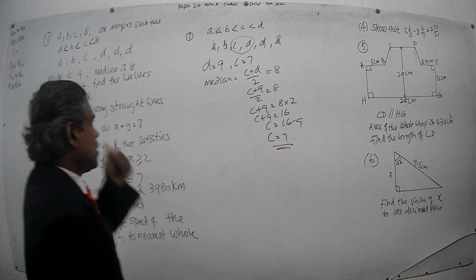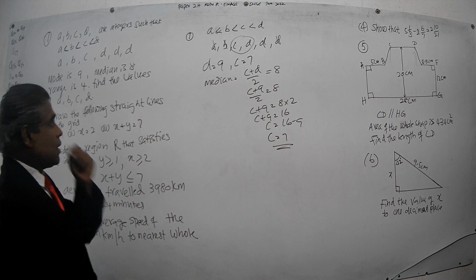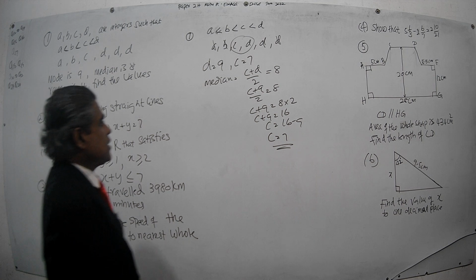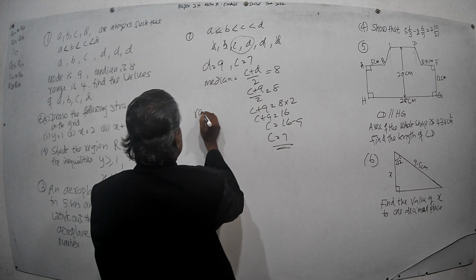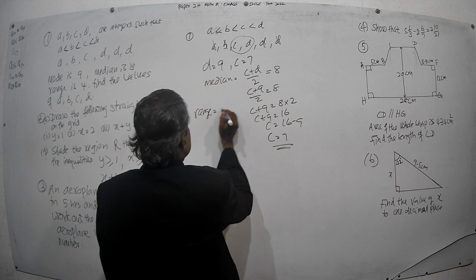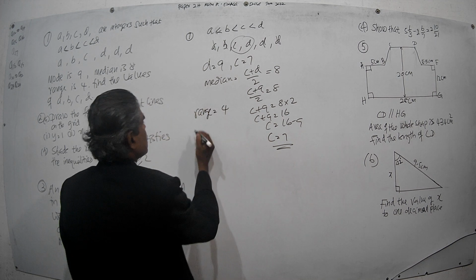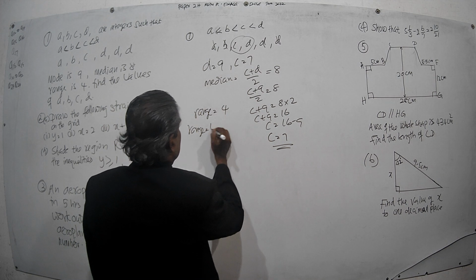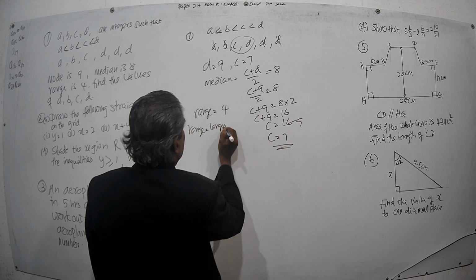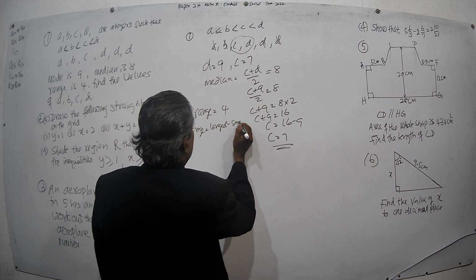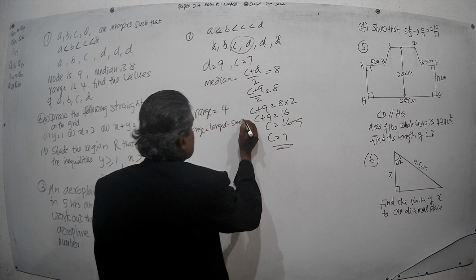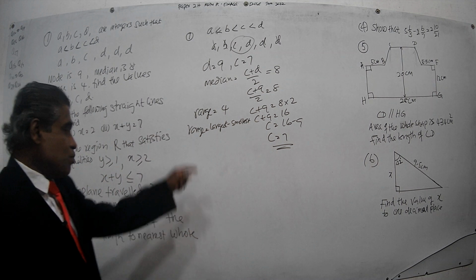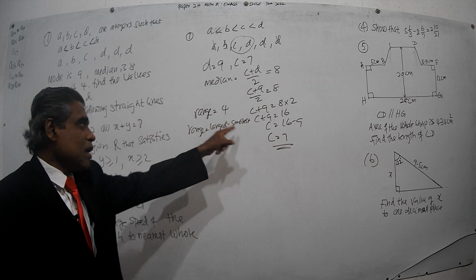What is the next one? They say the range is 4. How do you find the range? Range equals largest minus smallest. Range is the largest value minus the smallest value.